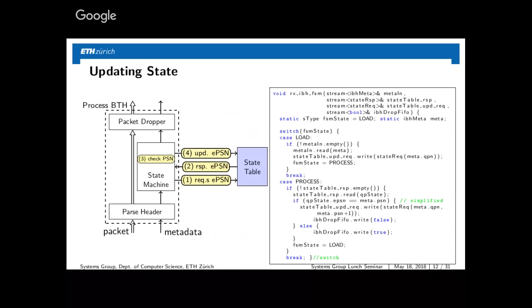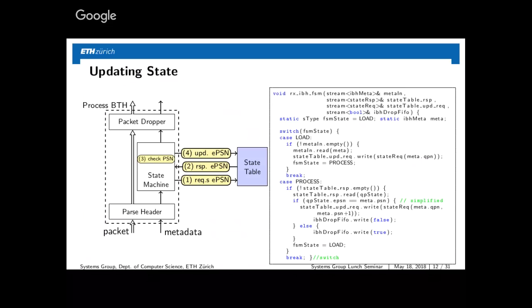The state machine gets the queue pair number, the unique identifier for that queue pair, and requests from this state table the expected packet sequence number. We receive data in order, so if a packet is lost, then these sequence numbers will not match anymore.